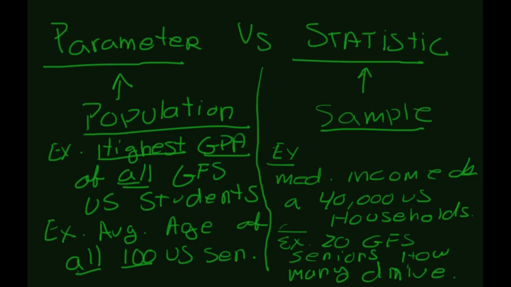How many out of the 20, so that would be a numeric measurement, that's a number, out of 20 drive themselves to school. Now, that would give me an idea of the percentage of GFS seniors that do drive themselves to school, but it's not the population, it's based on a sample. I'd have to draw an inference from that. Okay, so populations go with parameters, samples go with statistics, whole, part. This is kind of how this works out.